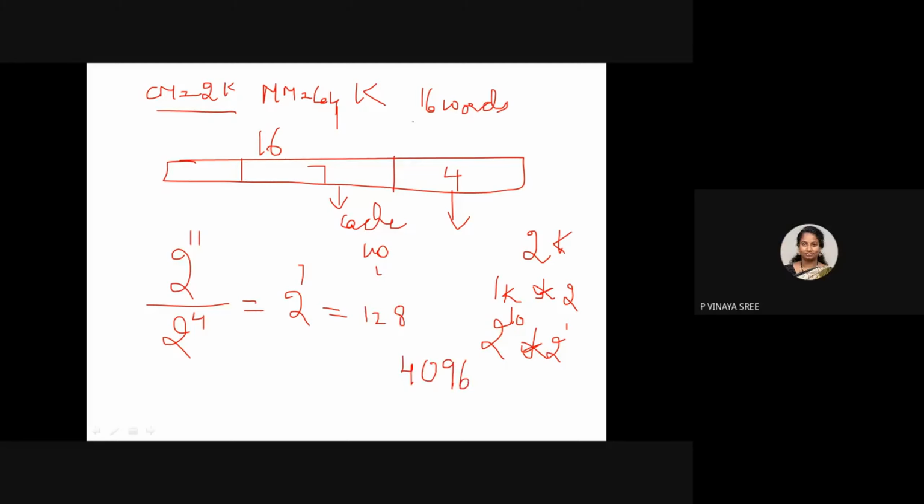Based on this, the partition and the tag: blocks divided by cache line numbers gives the tag. How many blocks do we have in the main memory? 4096, divided by how many lines we have in the cache? 128.